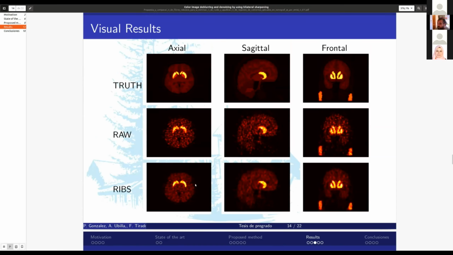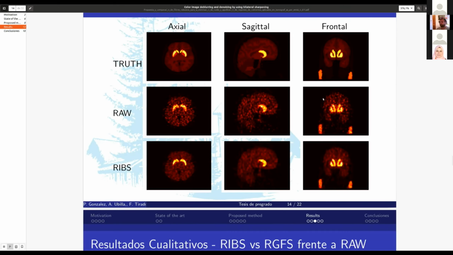Okay, with the reefs we can see that the real activity is very similar to the ground truth. In the axial, we see the dimension of the region is very similar in comparison with the raw image that we can use because we have a partial volume effect. Okay, this is the same situation we can see in the frontal cube. The regions are reconstructed very similarly.